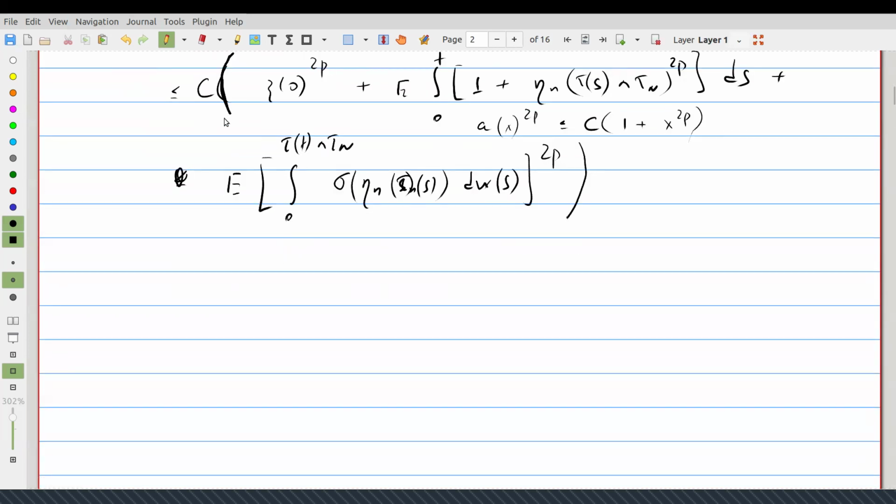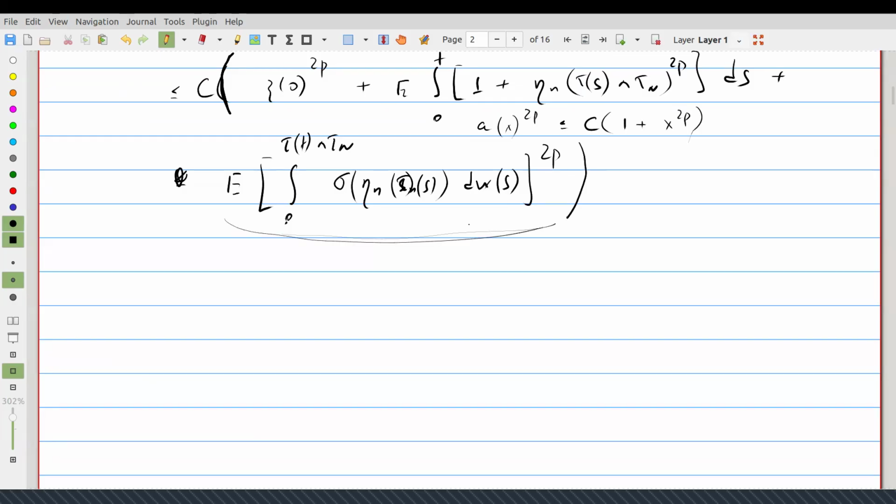Now, we proved that if p equals 1, this can be estimated as the mathematical expectation of the integral from this to this of sigma squared ds. Now, one can actually prove using exactly the same method that this is also true for 2p.